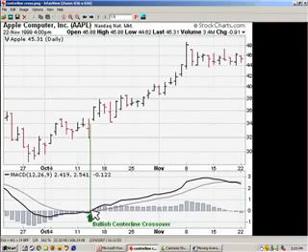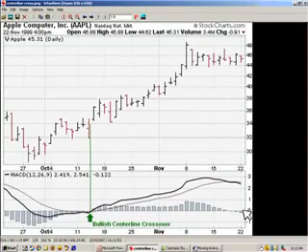So this, in and of itself, is a long signal: MACD crossing the zero line to the upside. Of course, once MACD turns and rolls over, crosses the zero line to the negative side, then a centerline crossover in that case would be considered a bearish signal.